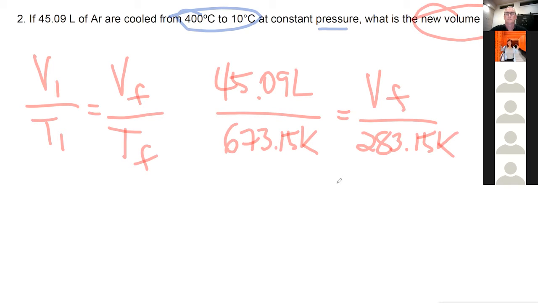If you want to figure it out, would you just multiply the 283.15 to both sides? Is that how you would separate the VF from the temperature? So you'd multiply these two together and then divide by that.